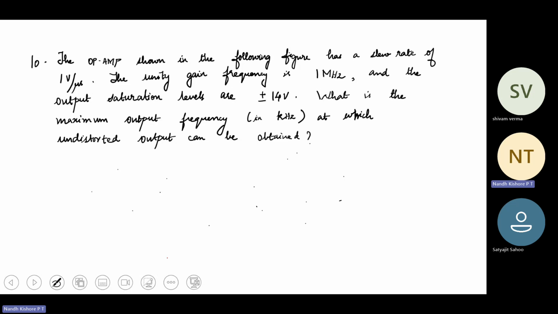They have also given the circuit over here.